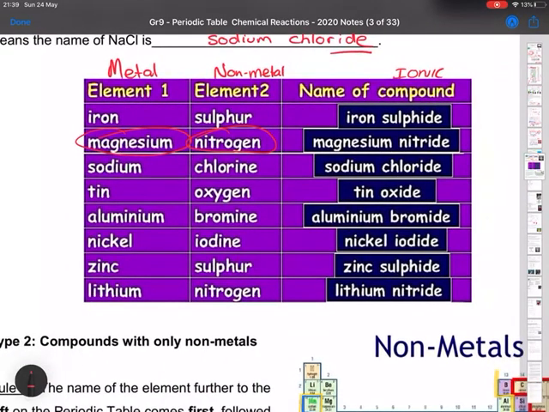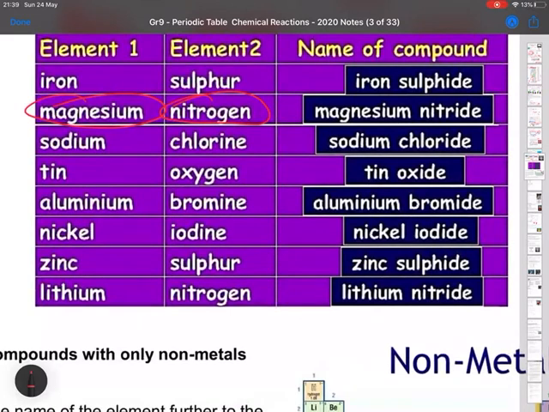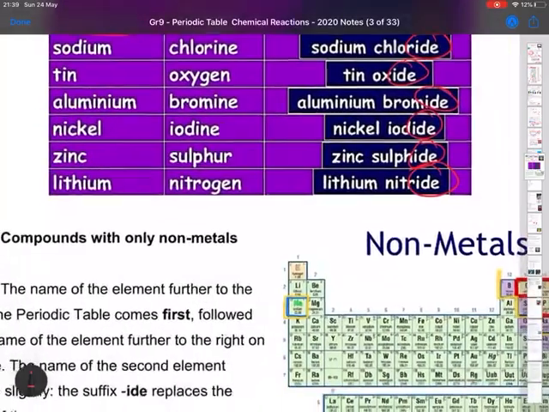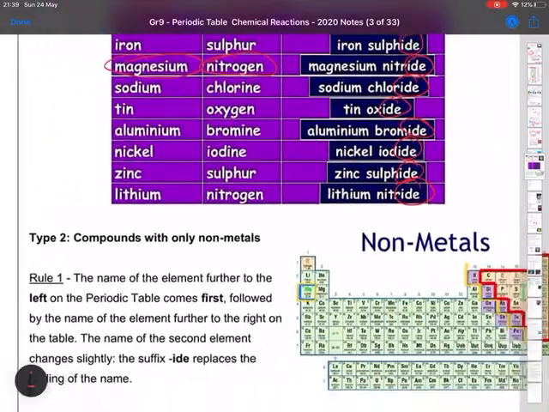And so magnesium and nitrogen gives you magnesium nitride. Sodium and chlorine we've done. Tin and oxygen would give you tin oxide. And like I said, notice how instead of nitrogen, you replace the end part with an "ide," I-D-E. Okay, lithium and nitrogen, lithium nitride. Zinc and sulfur, zinc sulfide, and so on.